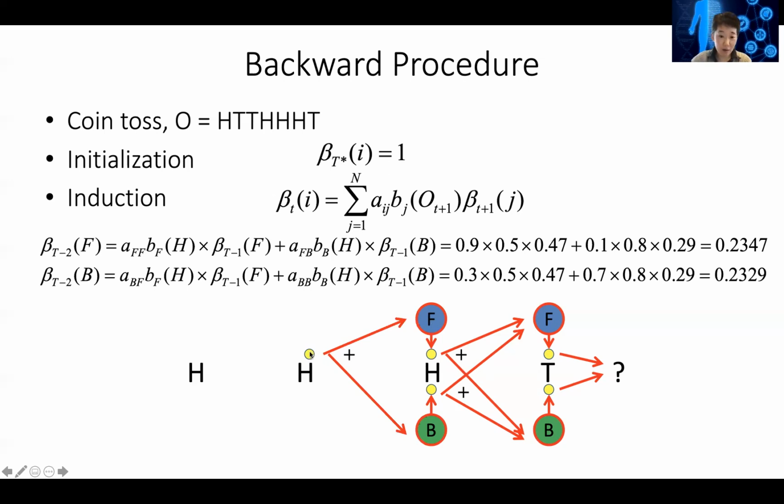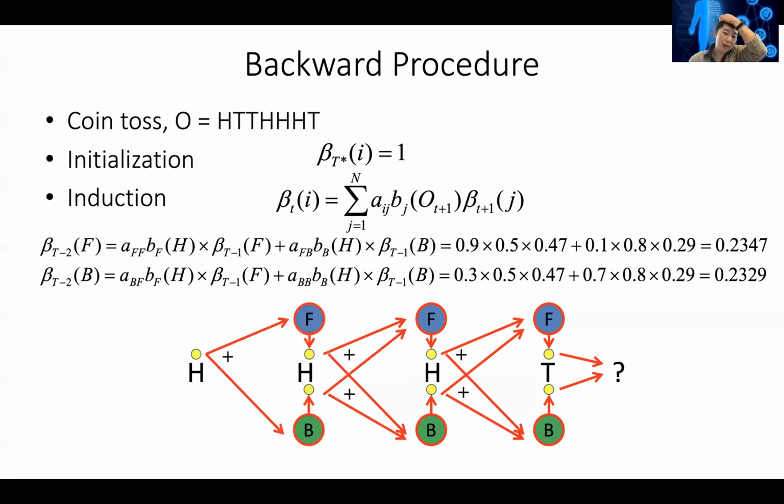Or I can go from a transition from the fair coin to a biased coin, emission from the biased coin to this head, and then inherit all the coin flips after that, and so on. You can do the same thing. At every step, I'm calculating the likelihood that I'm going to use this coin, but the next coin could be either fair or biased, in order to get the head and everything after it.